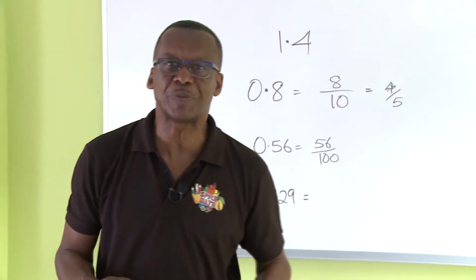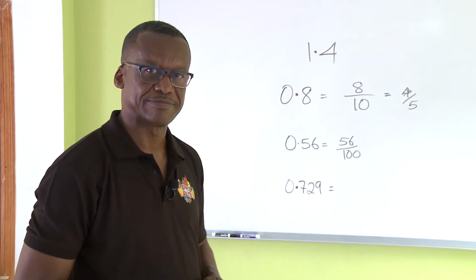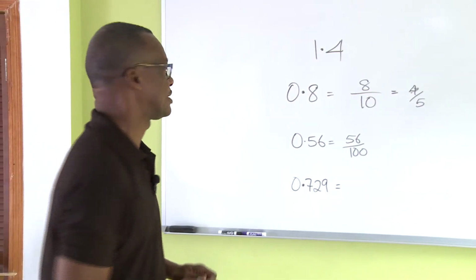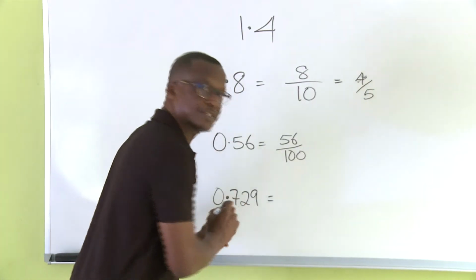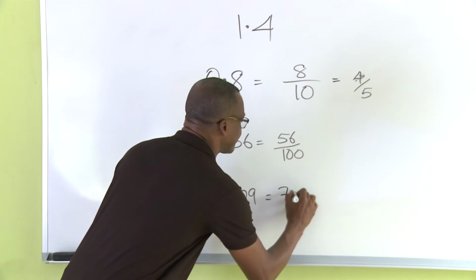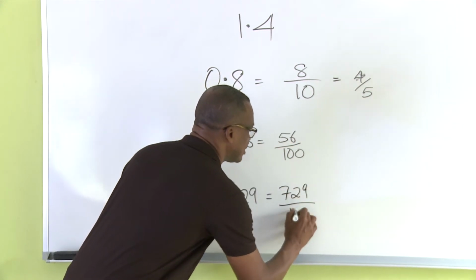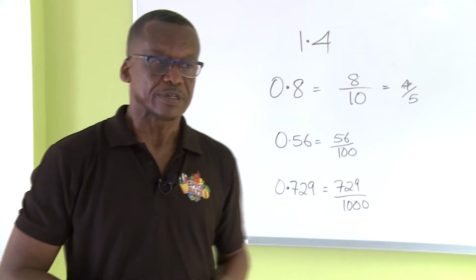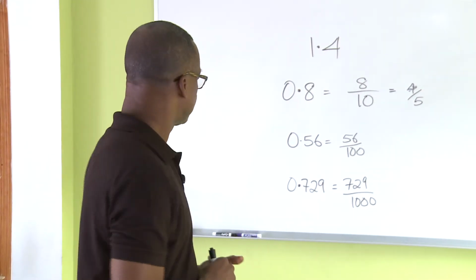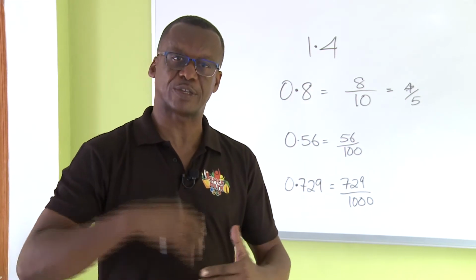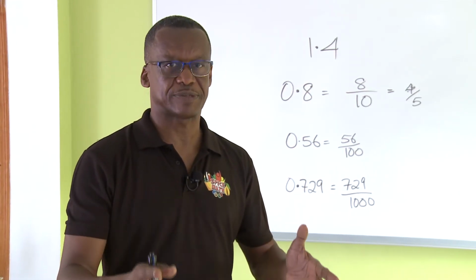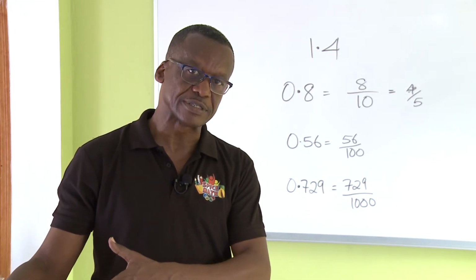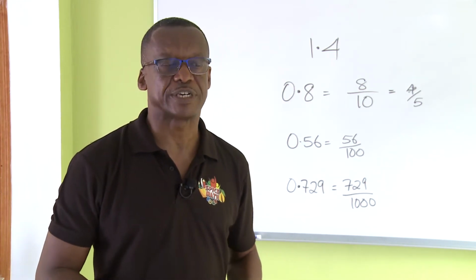What do you think the denominator of that fraction would be? Well, you guessed it. It would be 10 to the power of 3 or 1,000. So this number as a decimal fraction is really 729 over 1,000. So clearly, we see how you can quickly convert a decimal fraction to a common fraction. That is, a fraction that has a numerator and a denominator.